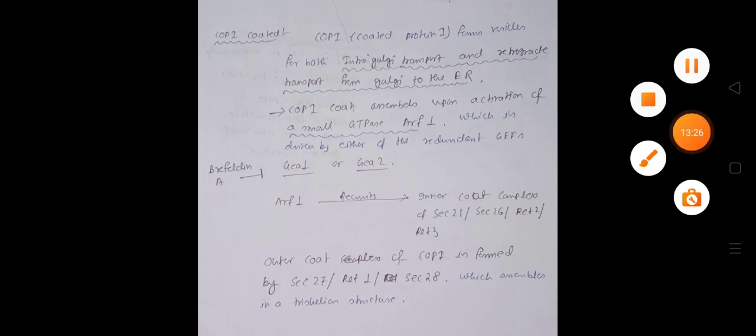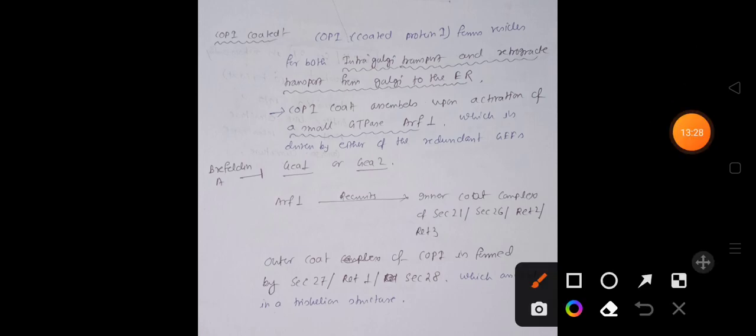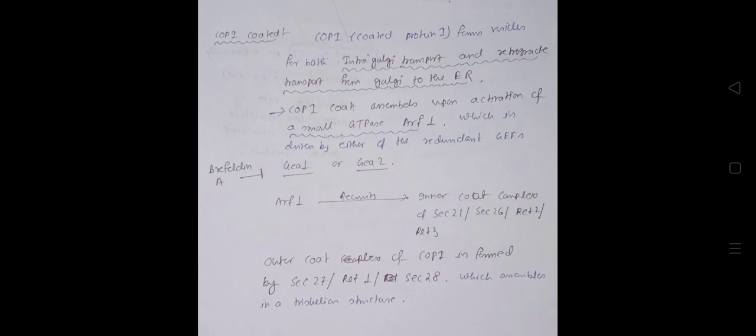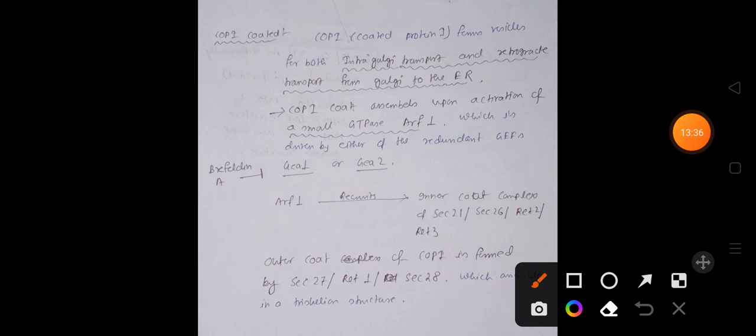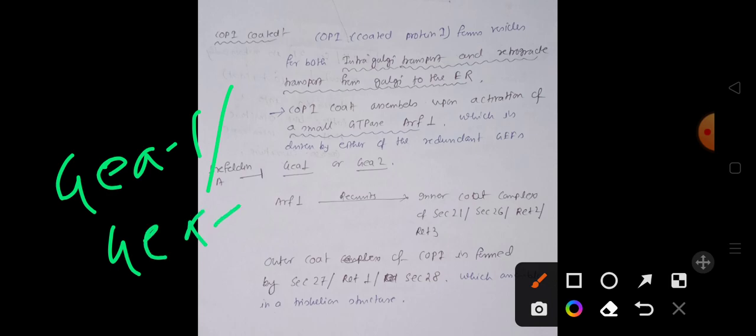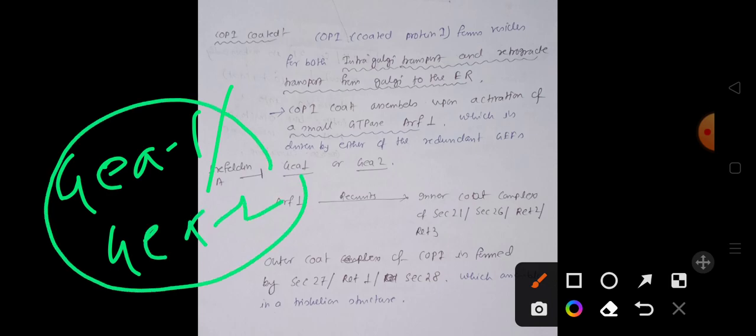Again, if I repeat this thing, there are redundant GEFs. GEF means again it will provide GTP. These GEFs are GEA1 or GEA2. This GEA1 or GEA2 will activate the small GTPase protein named ARF1.